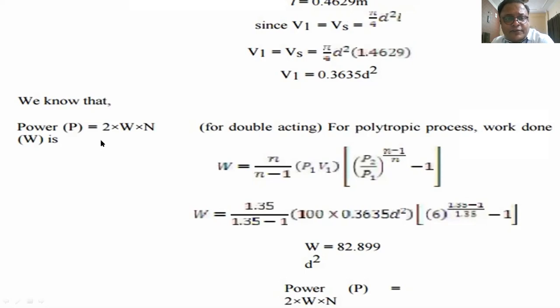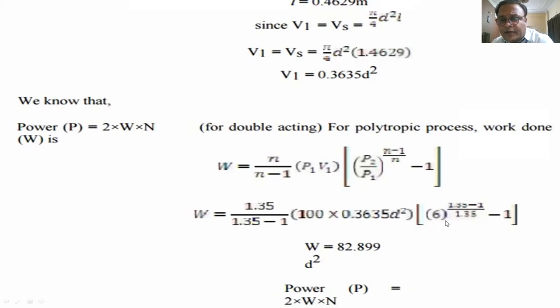For power in the double acting case, 2W_n, for the double acting polytropic compressor, the work done, that is the formula for this particular double acting. This is n upon n minus 1, P1 V1, in the bracket (P2 by P1) to the power of (n minus 1) by n, minus 1, bracket close. The polytropic index value you have is 1.35. The value of P1 you have, and V1 has come in terms of d square from the stroke volume.